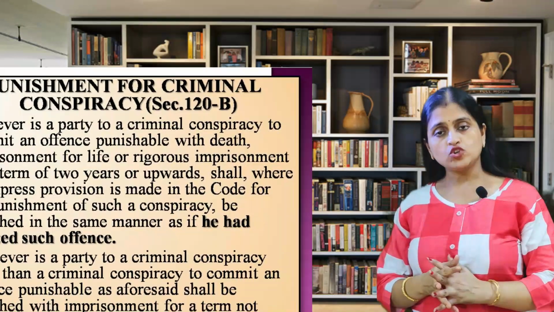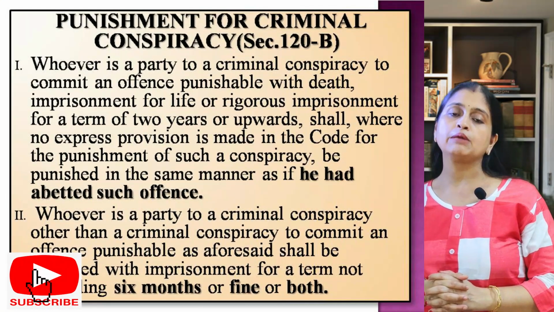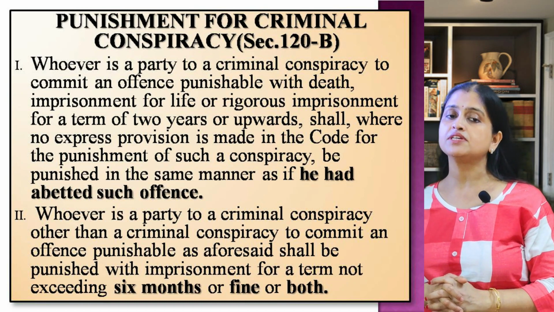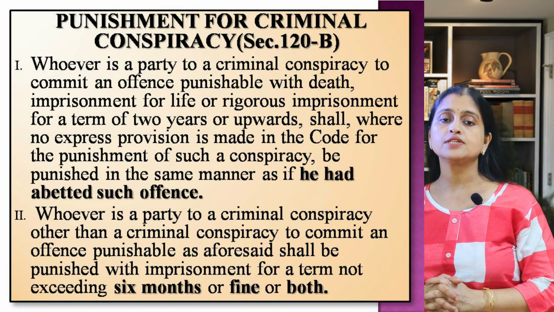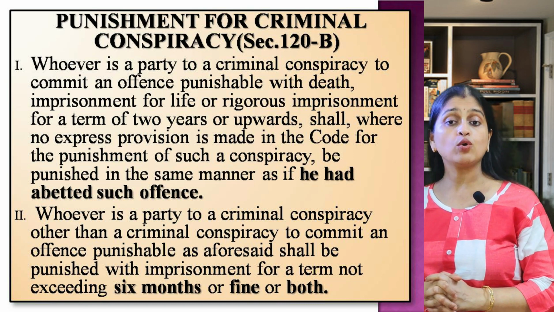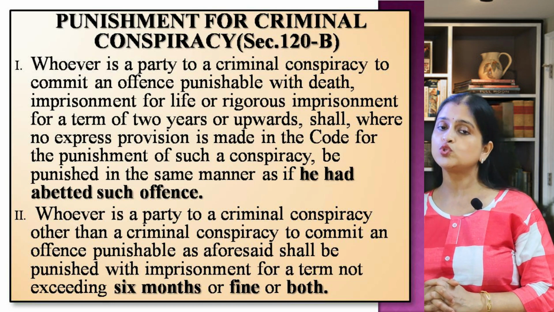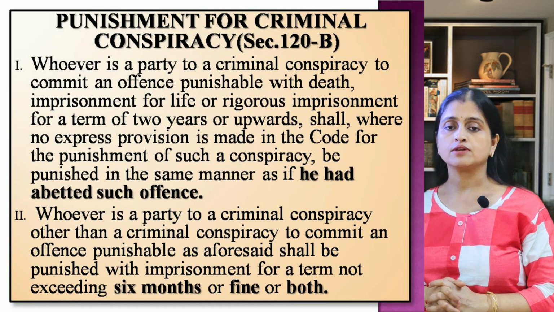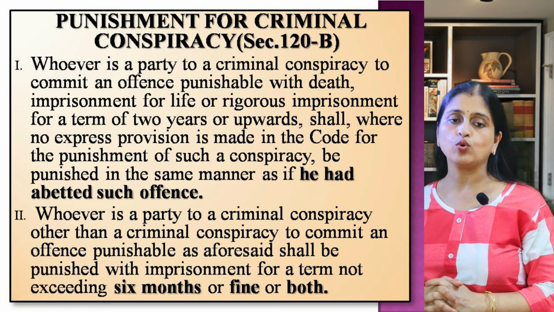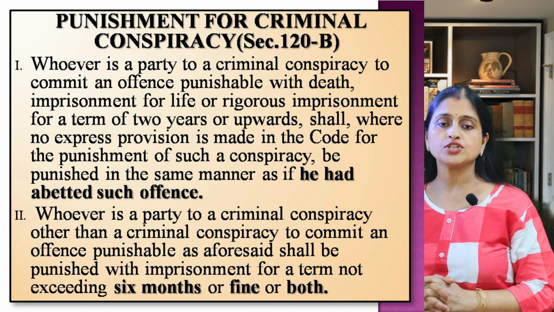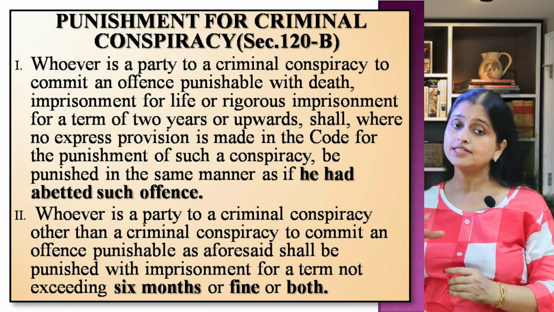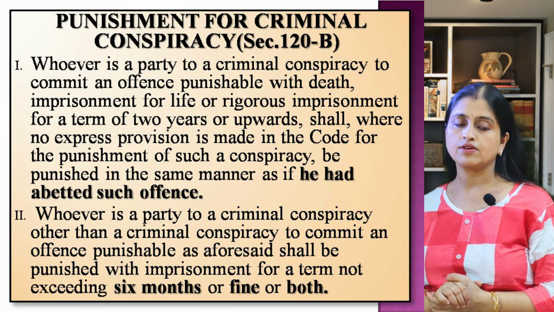According to section 120B, punishment for criminal conspiracy. Whoever is a party to a criminal conspiracy to commit an offence punishable with death, imprisonment for life or rigorous imprisonment for a term of 2 years or upwards, shall, where no express provision is made in the code for the punishment of such a conspiracy, be punished in the same manner as if he had abetted such offence.